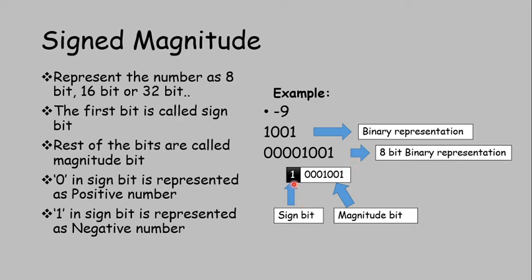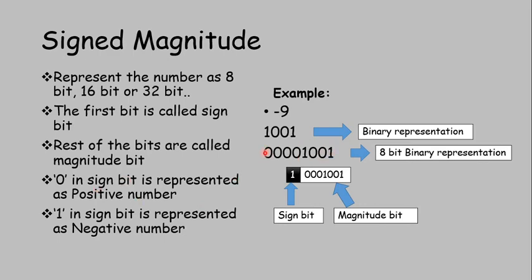The first bit is called the sign bit and the rest of the bits are called magnitude bits. If I see this 8 bit representation, it is a +9, because the sign bit is 0. If 0 is in the sign bit, it is called a positive number.